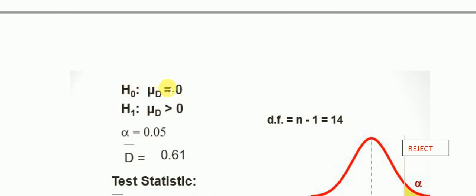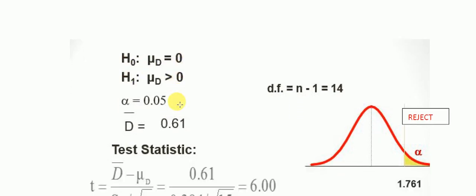So every time we do a t-test of two dependent samples, the null hypothesis is always this, that mu D is equal to 0. So we consider mu D is equal to 0. So D bar minus mu D is always D bar, so we can exclude this value, but we always consider it in the formula. Then the alternative hypothesis states that mu D is greater than 0. That it's not 0, but the null hypothesis states that mu D is equal to 0, so we'll always put the value of 0 over here.